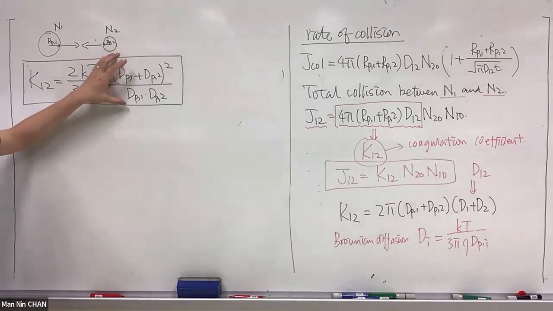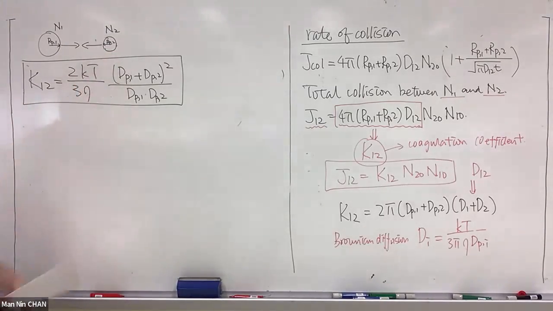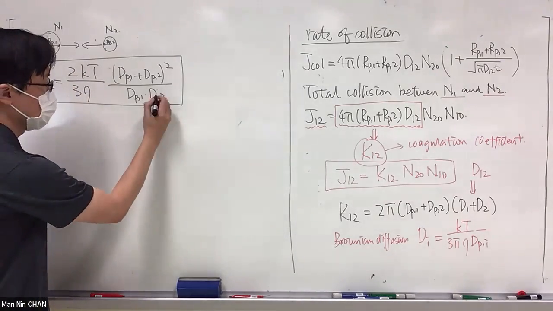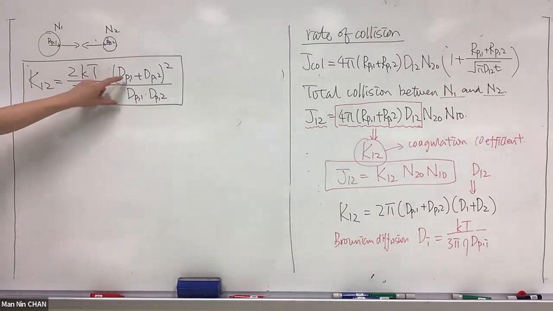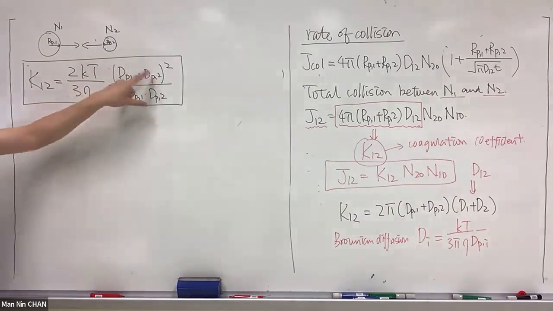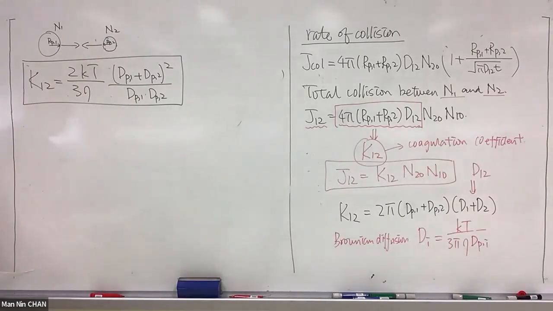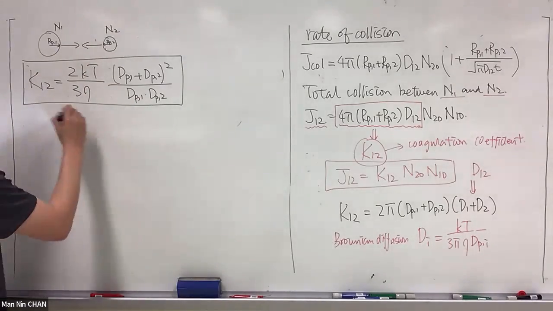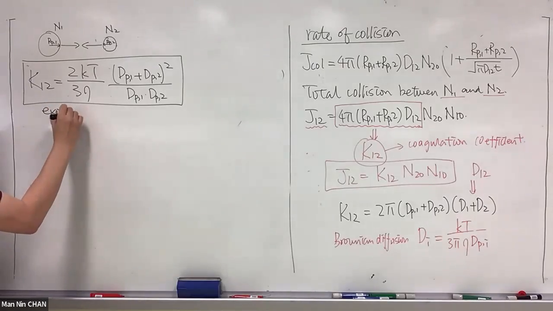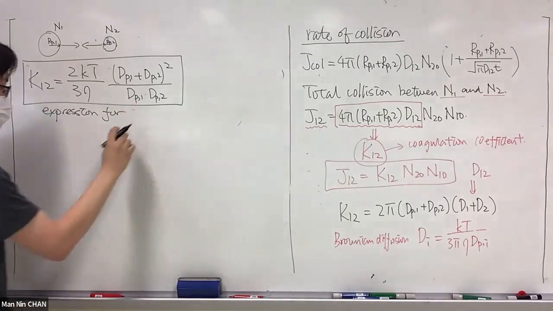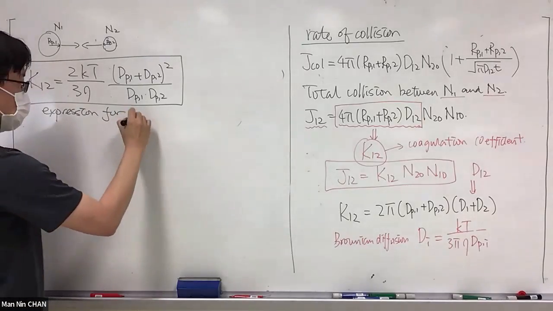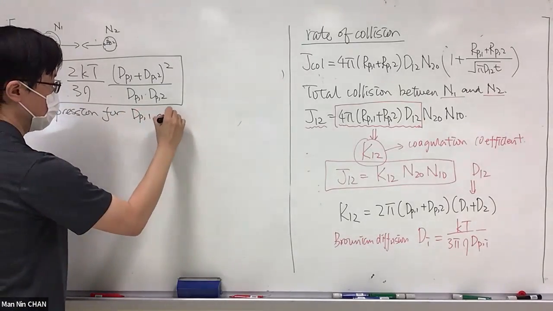But the most important thing you can see from here is the coagulation coefficient is related to the size of your two particles, for your particle 1 and particle 2.